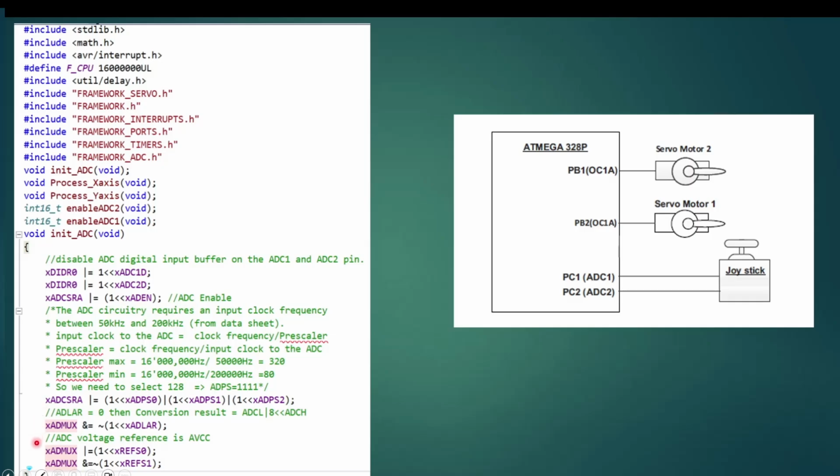And finally, it sets the registers so that the voltage reference is going to be AVCC, the input voltage to the microcontroller. Again, all that was explained in the analog to digital presentation, so I'm going a little bit fast through these sections.